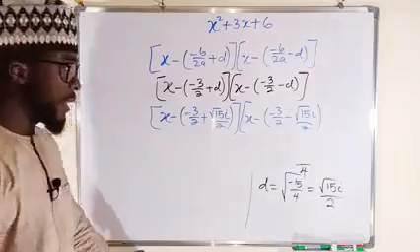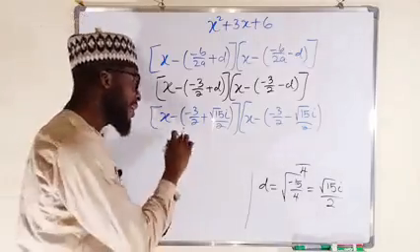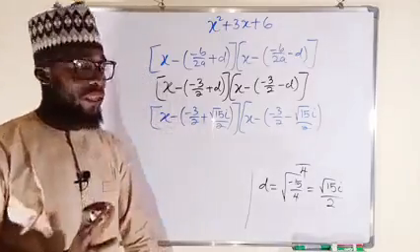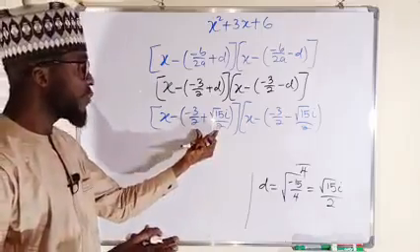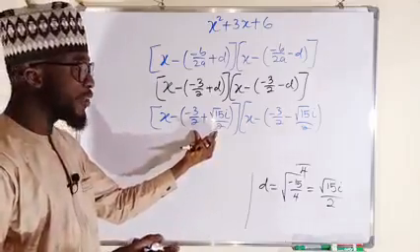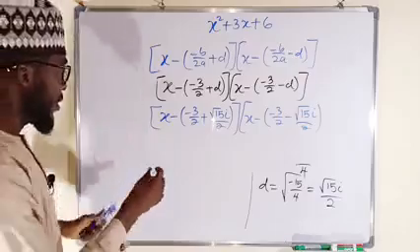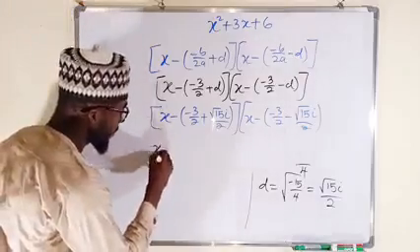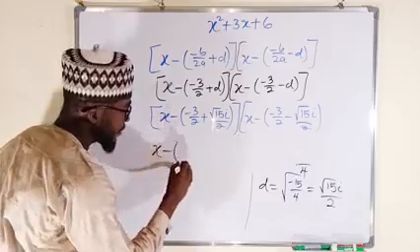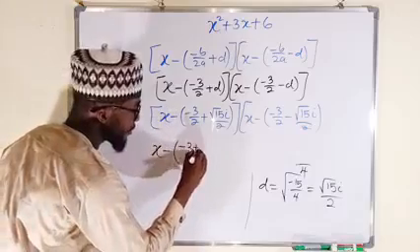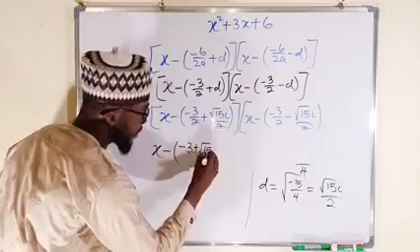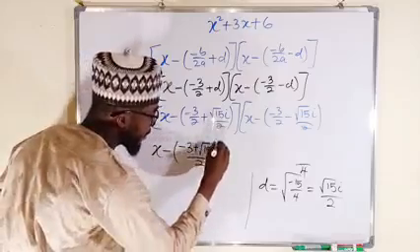These are the factors. As always, if you like, you can distribute the negative sign. Though this can also be simplified because we have common denominators. So if you like, you can further break it down as what? X minus, the whole of this is negative 3 plus root 15i divided by 2, right?